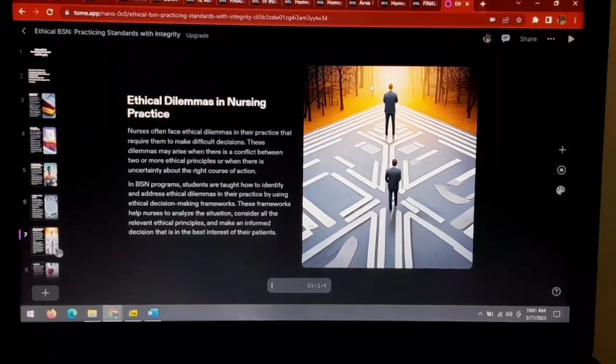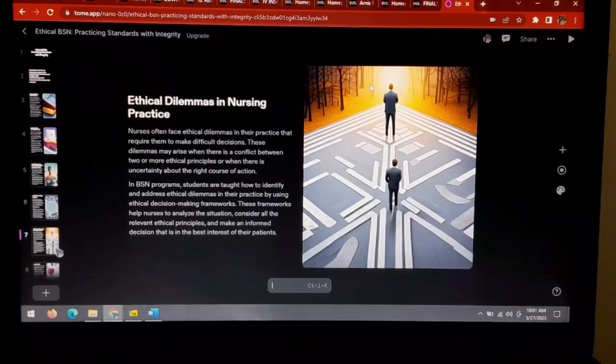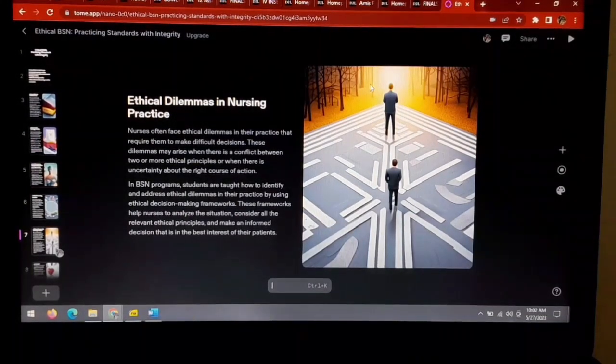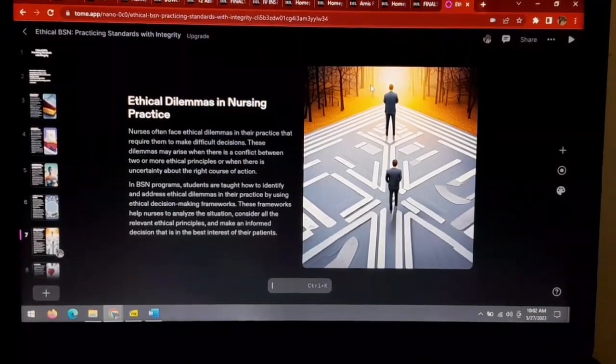In BSN programs, students are taught how to identify and address ethical dilemmas in their practice by using ethical decision-making frameworks. These frameworks help nurses to analyze situations, consider all the relevant ethical principles, and make informed decisions in the best interest of their patients.